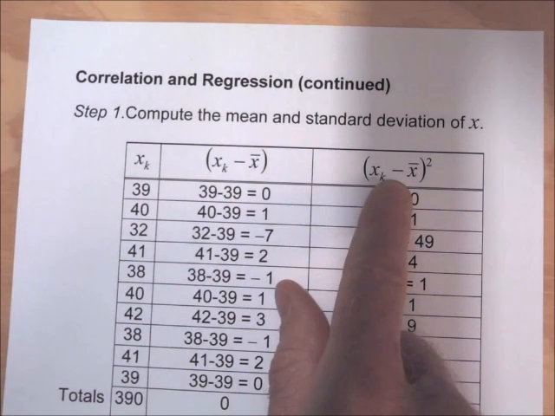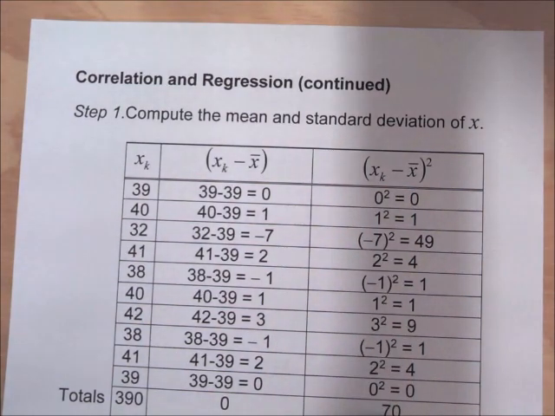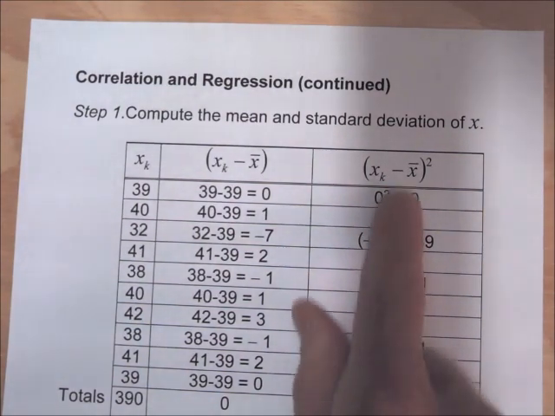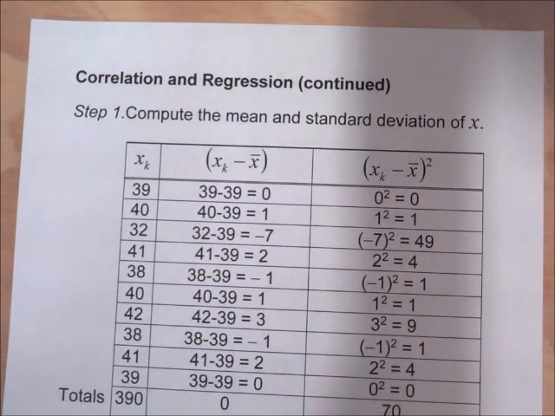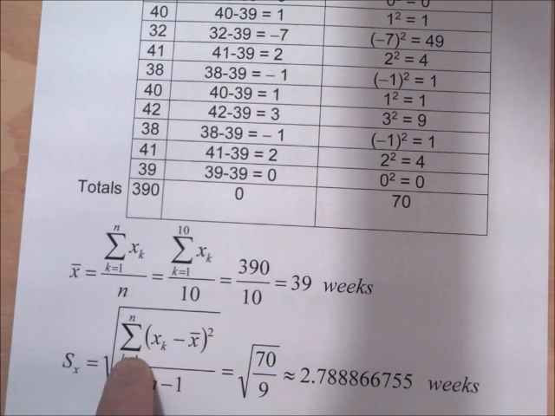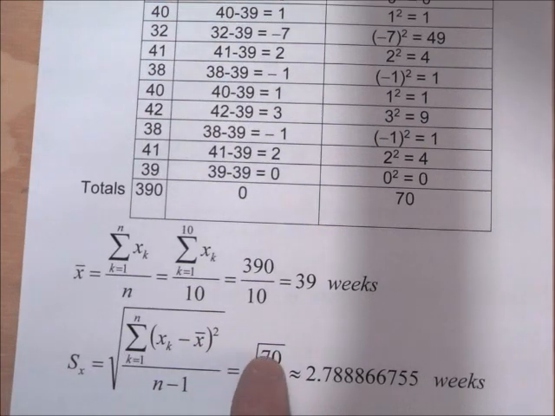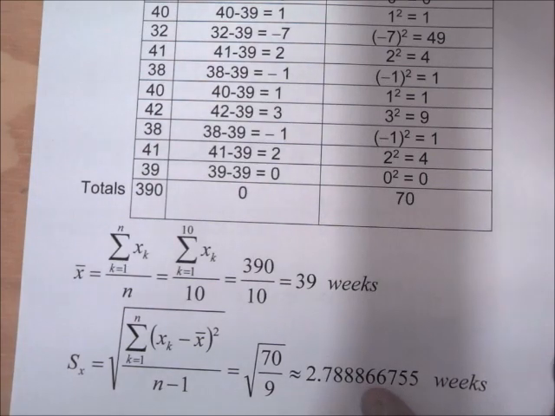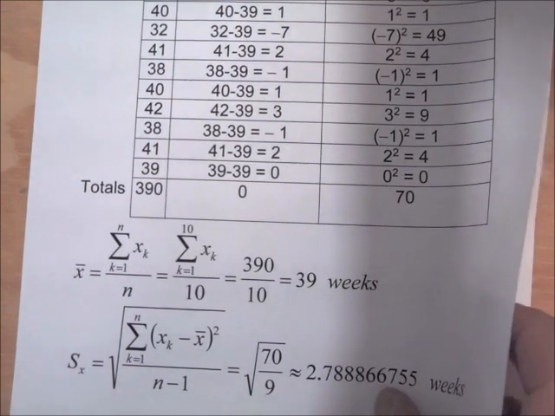Add up the total of this last column, the squared deviations, and we get a total of 70. And the standard deviation is the square root of the total of that last column divided by n minus 1, square root of 70 over 9.